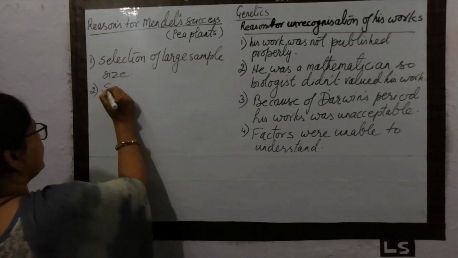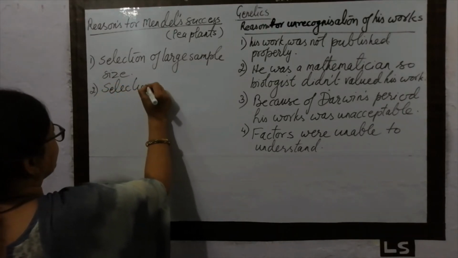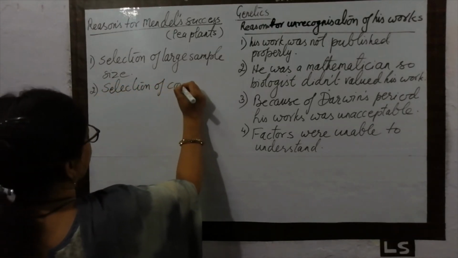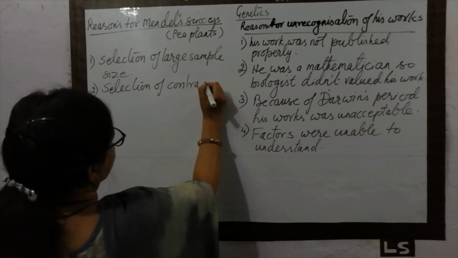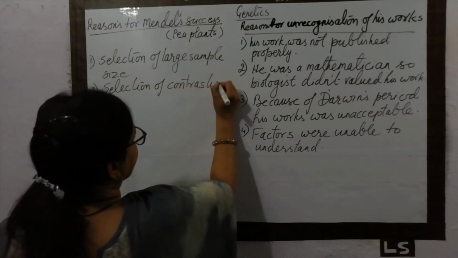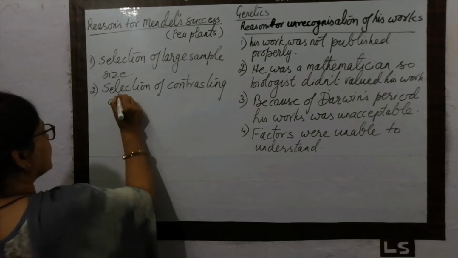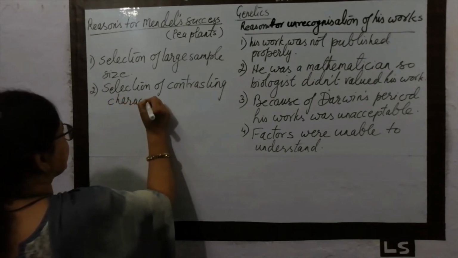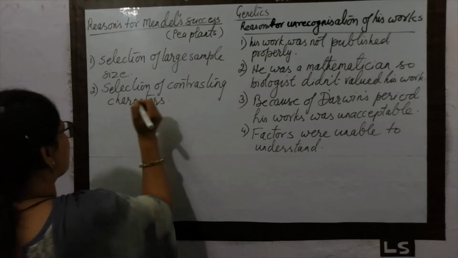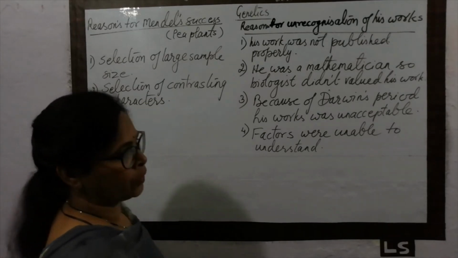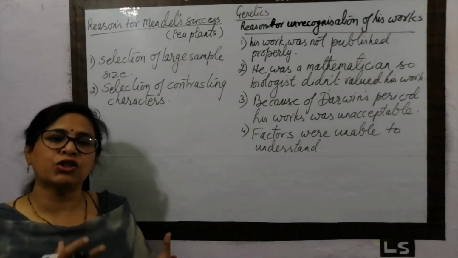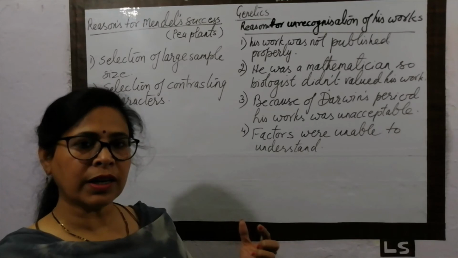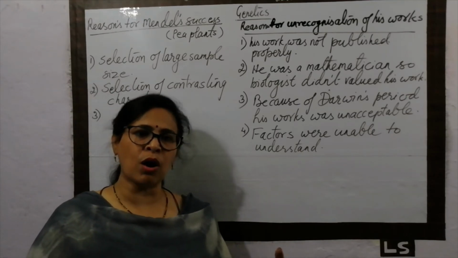He selected the pea plant because he found contrasting characters in it. So the second is the selection of contrasting characters. Contrasting characters means characters which are just opposite to each other. If we say tall and dwarf, it is not large, larger, or small, smallest.